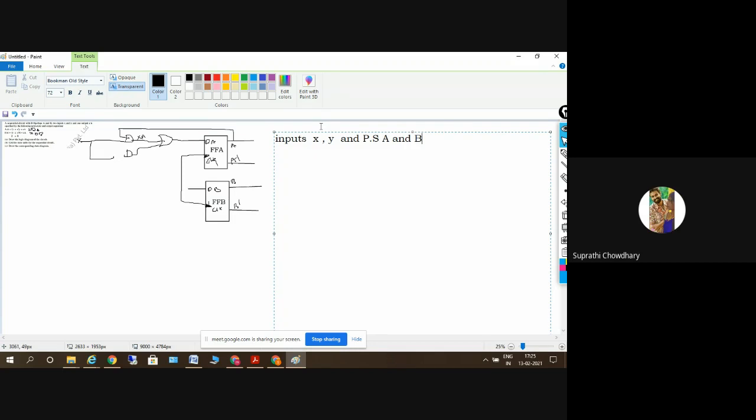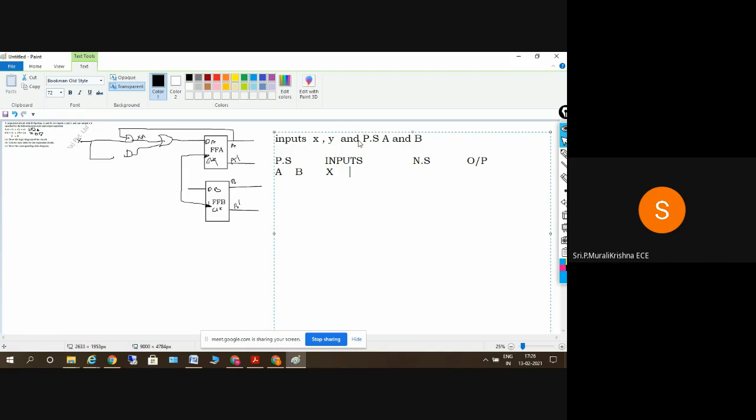Yeah, sir. Yes, sir. Okay. So for the present states, you follow this method, as most of the time you follow this method. So present states, inputs, the next states, outputs. Okay, so present states are nothing but A and B, and inputs are x and y.